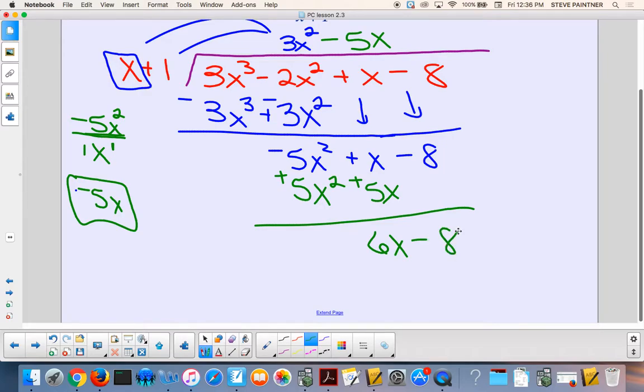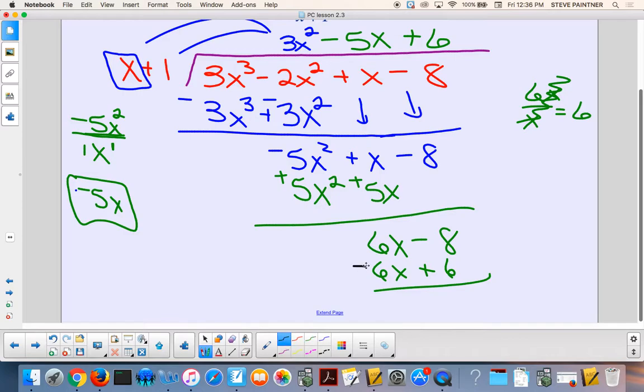How many times will x go into 6x? The x's just cancel out, 6 times. Plus 6, right? 6 times this, 6 times that is 6x plus 6. Subtract, change the signs, add, down, you get what?